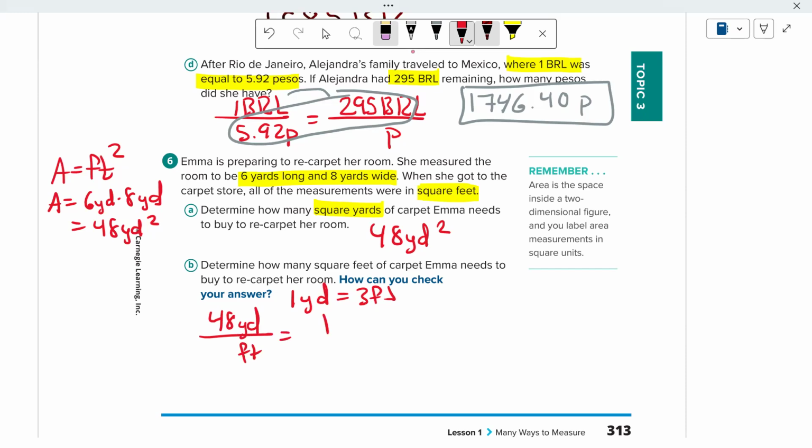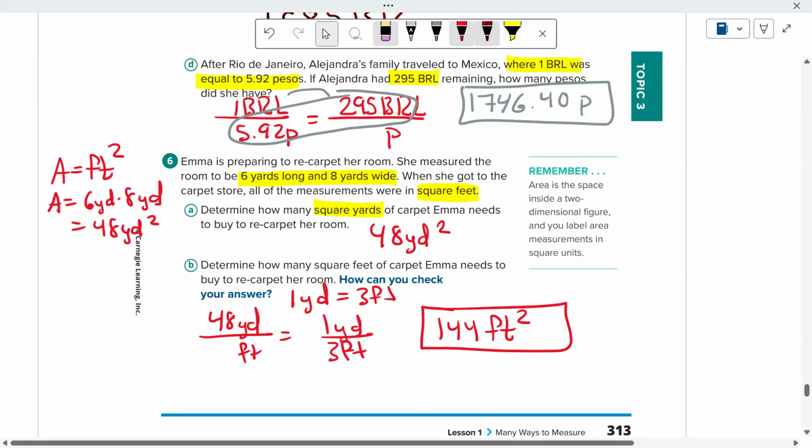Once again, you can do scale up, scale down. That's 144 square feet. I'm not caring too much about how to check the answer because you'll be doing that over anyway with me in class. So that was a pretty good problem. I think y'all got that pretty well. So we finished number 6 on page 313.